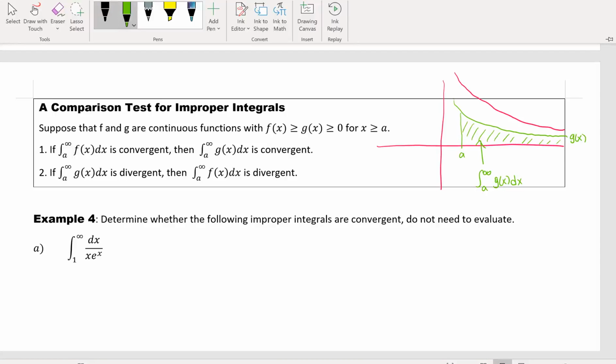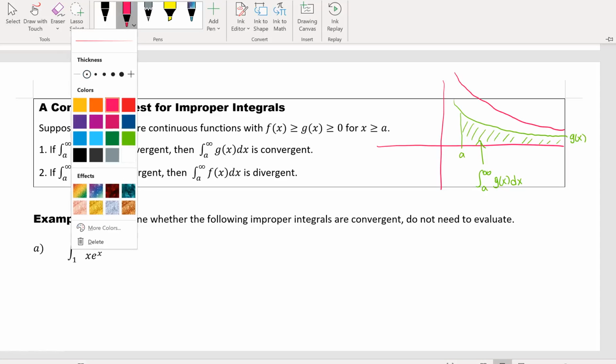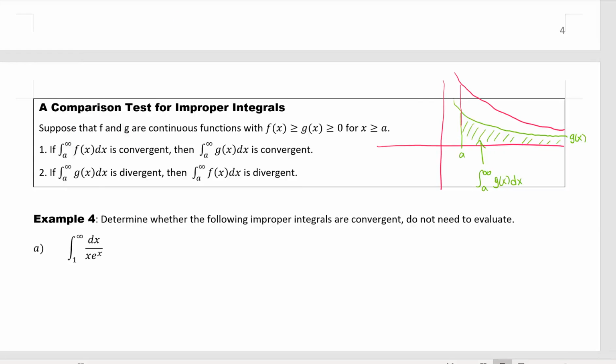And how about the pink area? Let's say the bigger function is f of x, then the pink area is the integral from a to infinity of f of x dx.